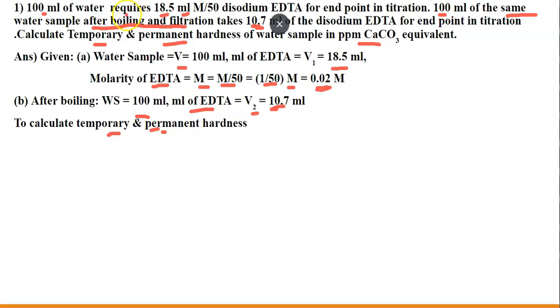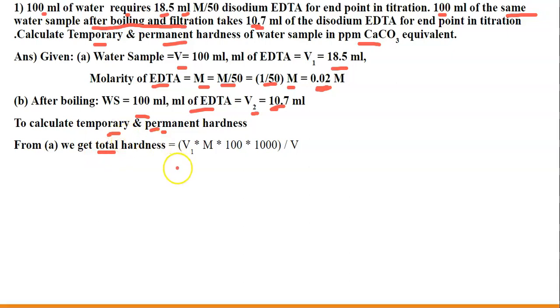When we take the first given values and put them in the formula, the hardness we get is going to be the total hardness, because it is an untreated water sample. The formula is V1 into M, where V1 is the ml of EDTA, M is the molarity of EDTA, into 100 into 1000 upon capital V, which is the volume of water sample taken.